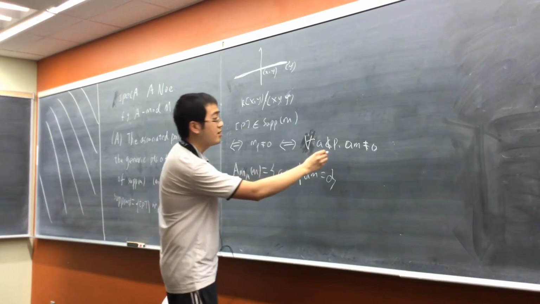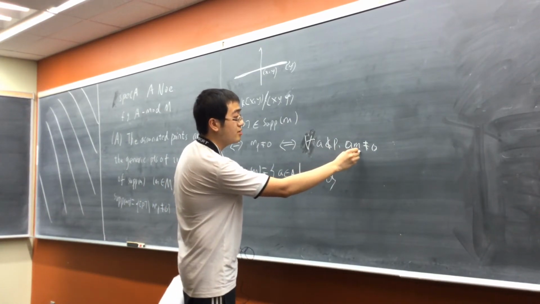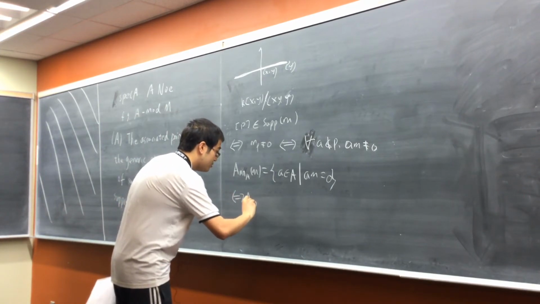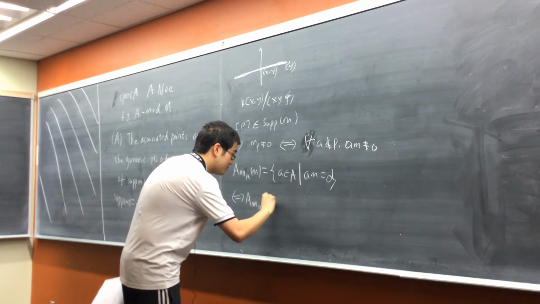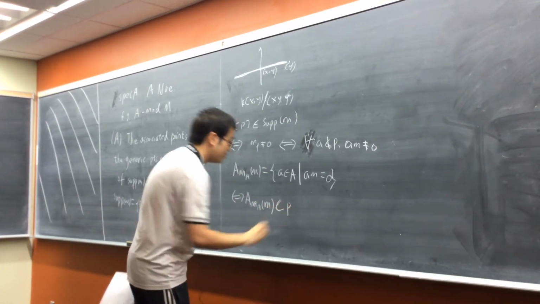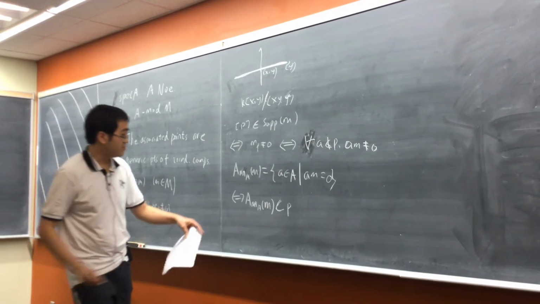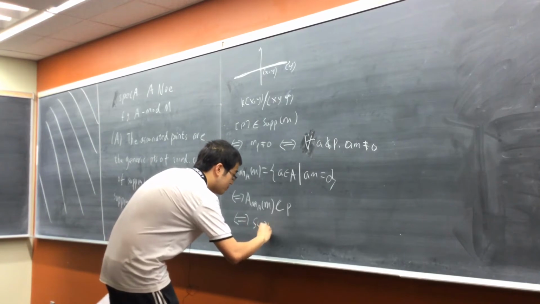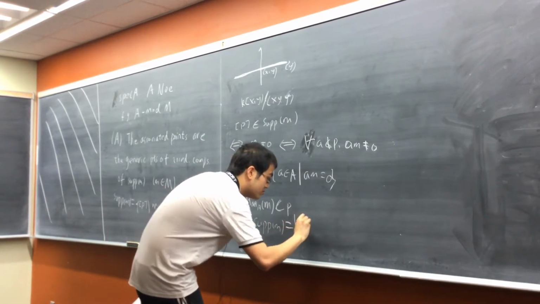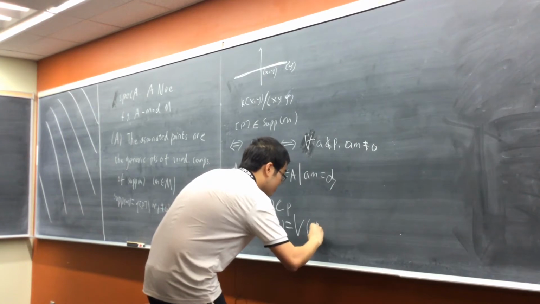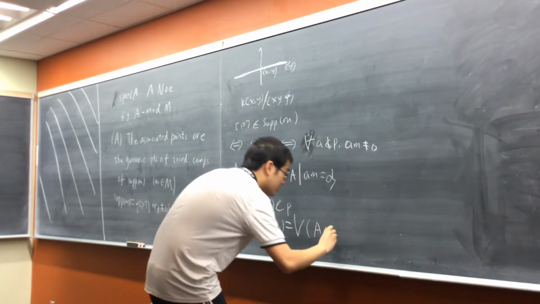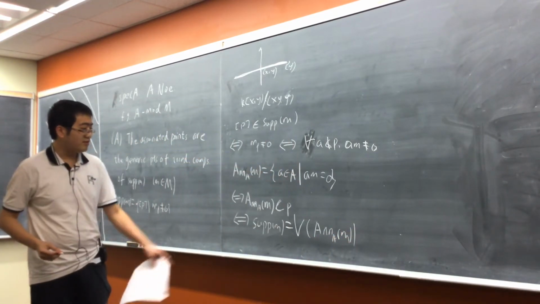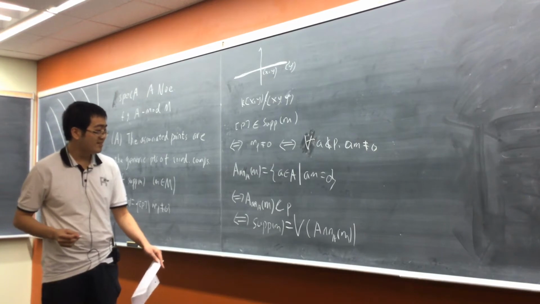Then this means that everything not in P will not annihilate m, so in other words the annihilator of m is contained in P. This means that the support of m is just the closed set of the annihilator of m, and I find this a little bit easier for computation.